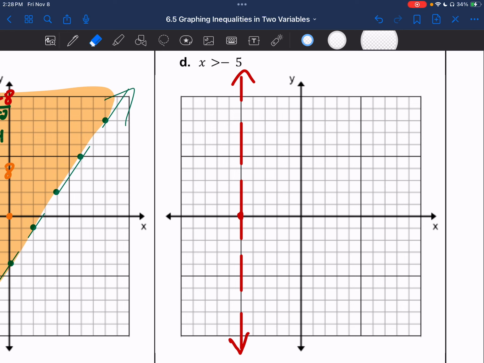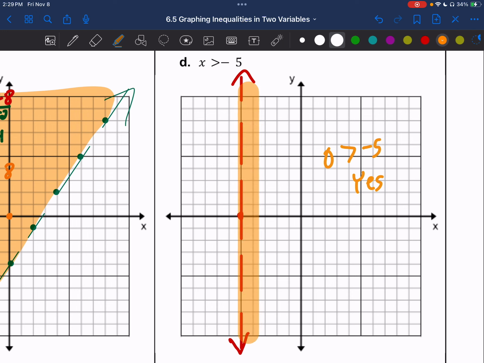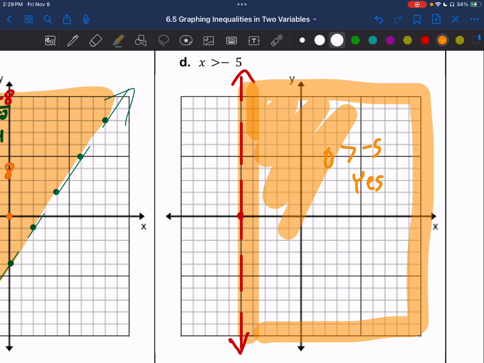So now we have to decide our test point. Again, it is going to be 0. So is 0 greater than -5? Yes. And so we're going to shade to the right of this vertical line. Okay. And your shading doesn't have to be perfect as long as it's clear which side is being shaded.